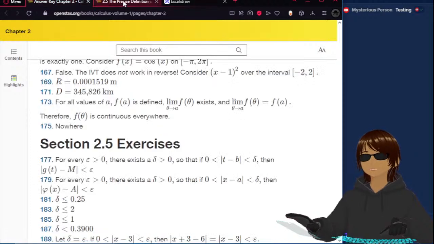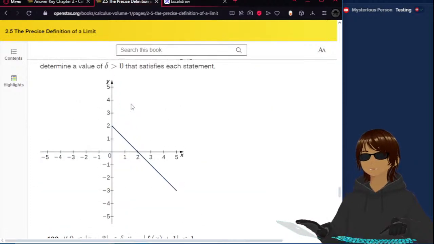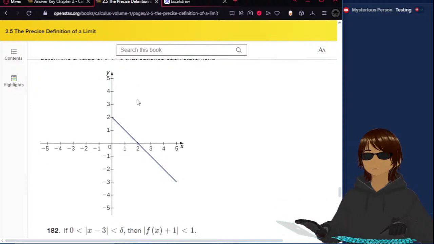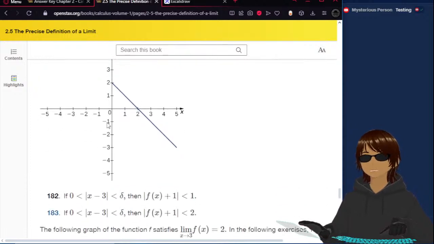Exercise 183. Why is it 0.39? Yeah, I have no clue.